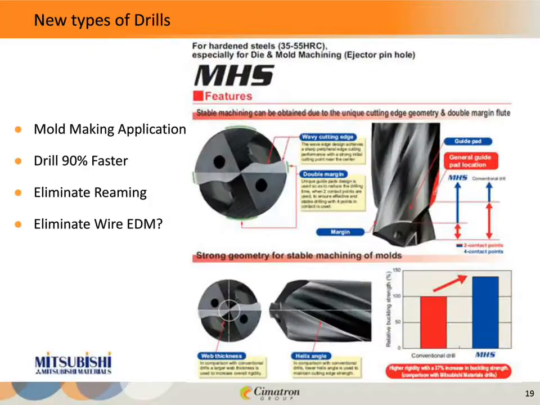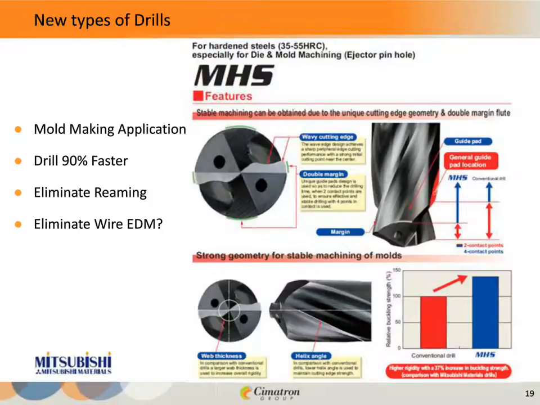Okay, now here I'm trying to show a mold making application. This particular drill claims to be well suited for mold making, and the idea is that we ought to be able to drill the holes without requiring any reaming, and maybe it's possible to eliminate wire EDM for some of the small ejector pin holes.